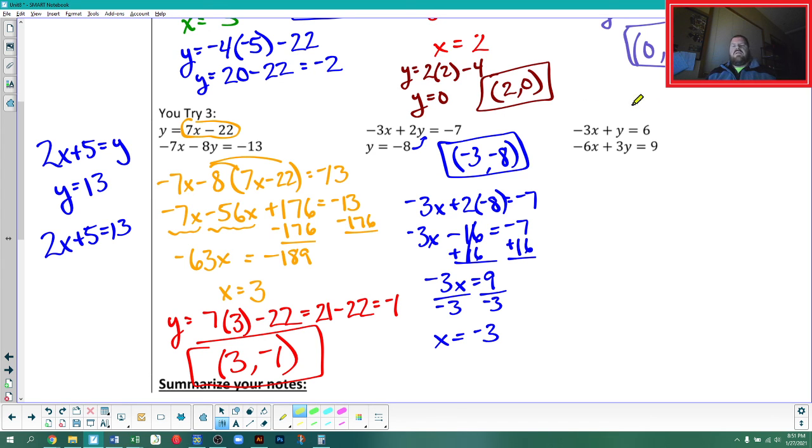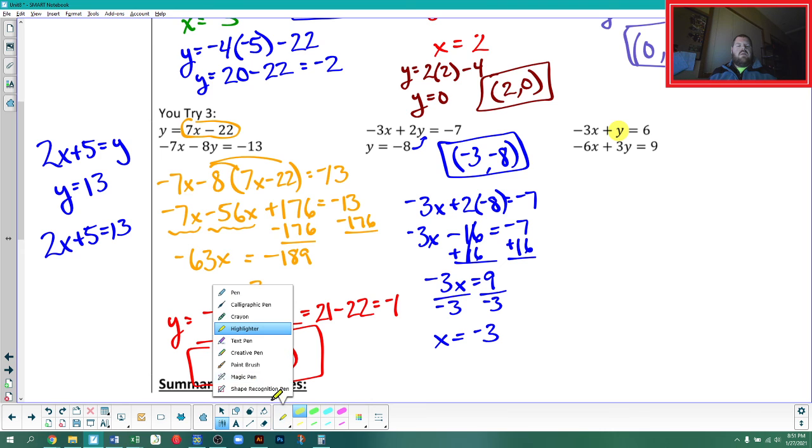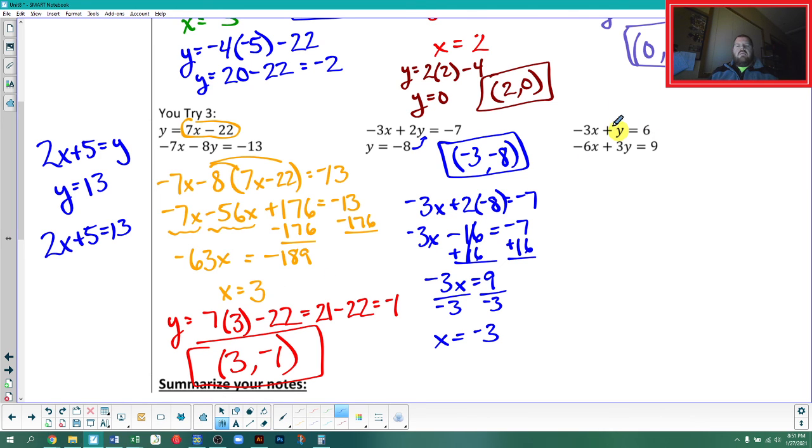And we'll talk about that tomorrow. But I'm looking through this and I'm trying to find an equation that has a variable with no number in front. And for me, I'm looking at y because it has no number in front. So I'm going to solve that equation for y.